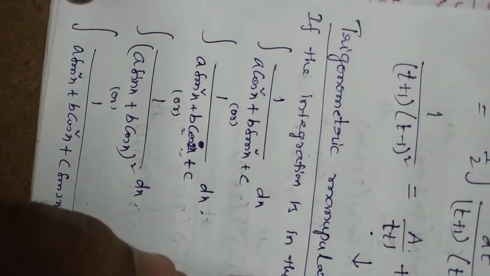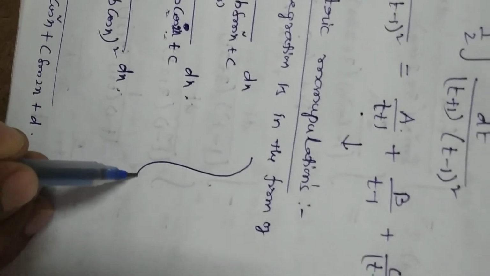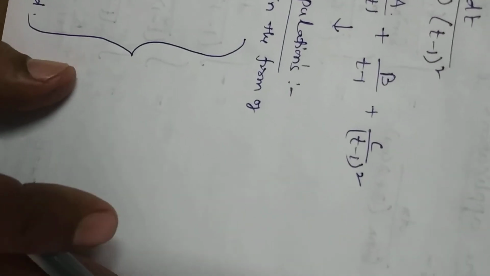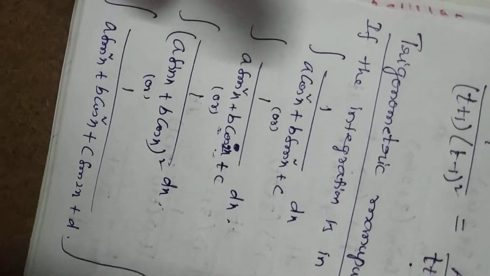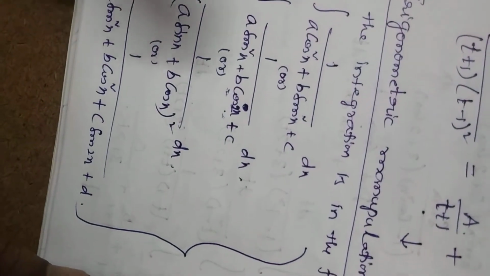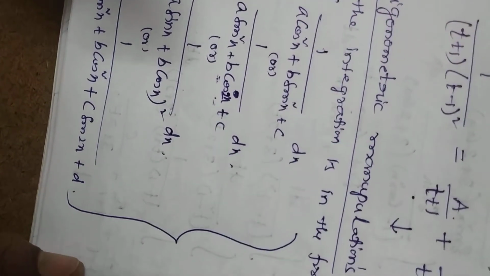Okay, so in all of these 4 cases, we can observe that we have power 2 for sine and cos.